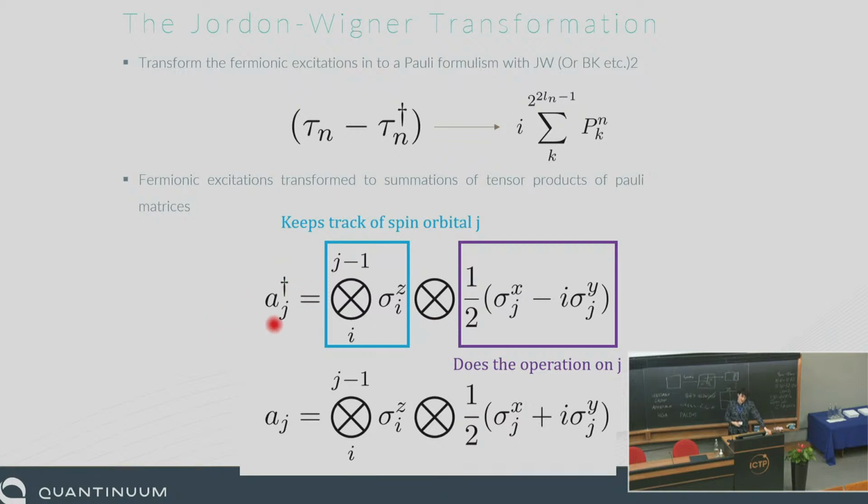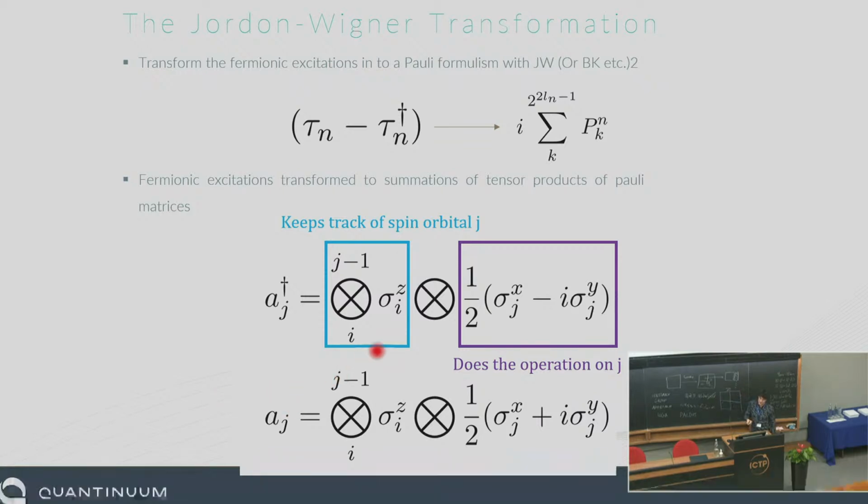We have a fermionic excitation operator, and then essentially we have a product of Z's. The Z's keep track of the antisymmetry. So if you're acting on orbital 4, we have Z acting on 0, 1, 2, 3.